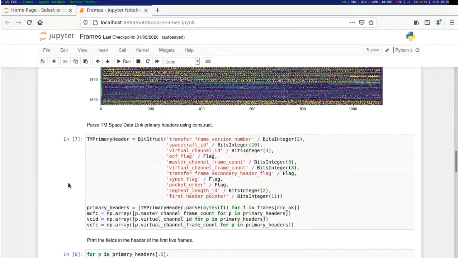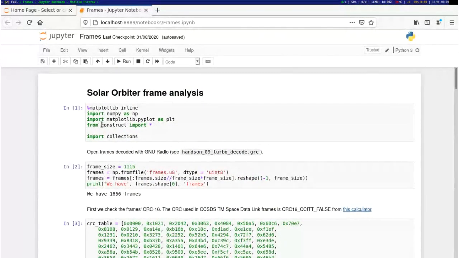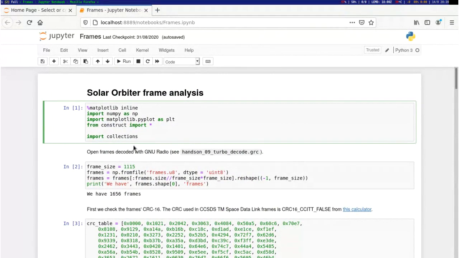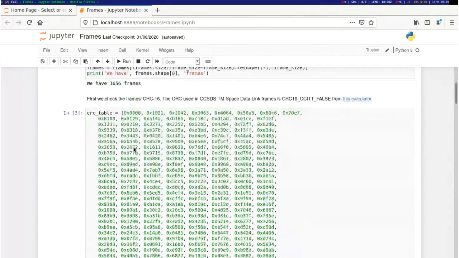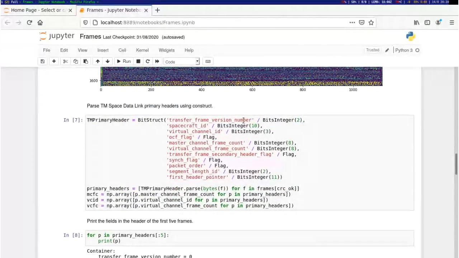Something else you can do, there is a nice Python package which is called construct. It can be used to define binary structures. Like here, this field has 2 bits and it's an integer. This one has 10 bits, etc. And then it will automatically parse and build, so both decode and encode these binary structures for you.